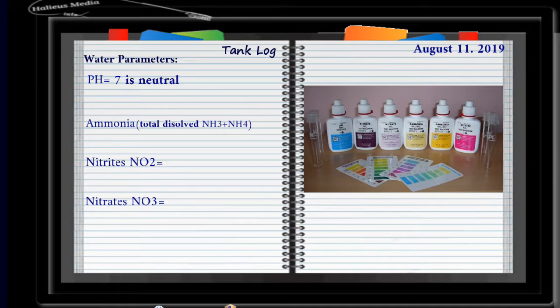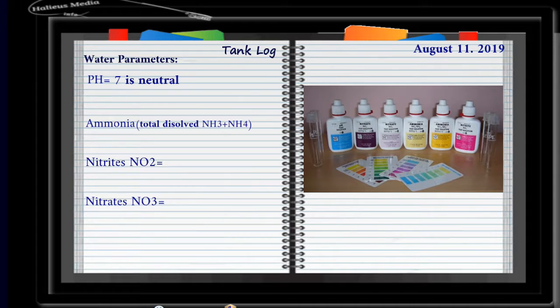So next we're going to take a look at the little kit itself. You can see you have several bottles that are different test solutions. You have 4 test tubes to make your water tests, and the little cards that indicate what the color of your test solution means. Now, we showed you the master card.